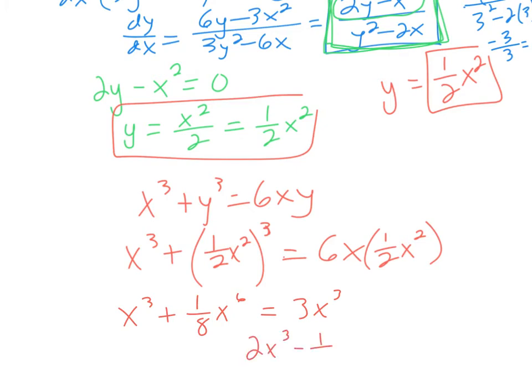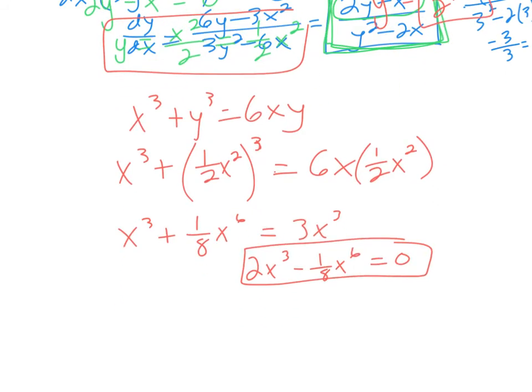If I subtract the 1/8 x to the 6th over, you're solving this polynomial, which notice I can factor out an x to the third. In fact, if I factor out the x cubed, I'm left with 2 minus 1/8 x to the second equals 0. And so one answer would be when x equals 0.